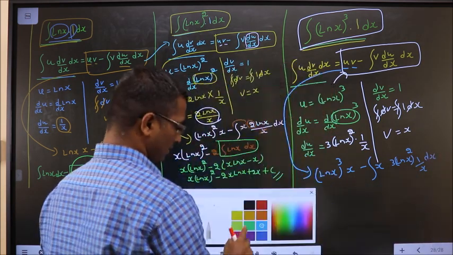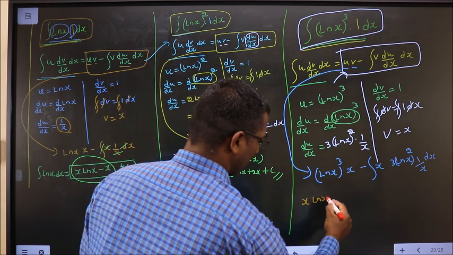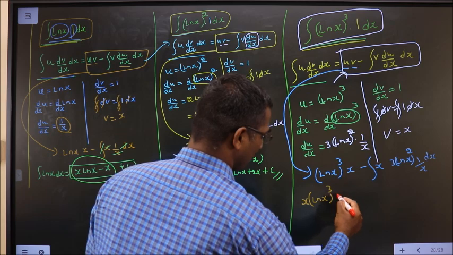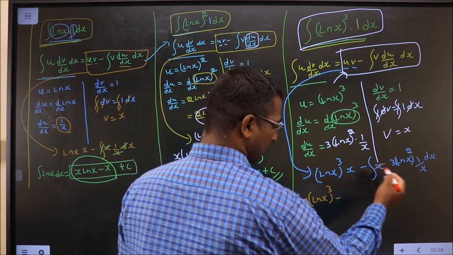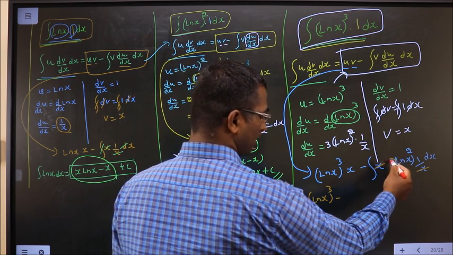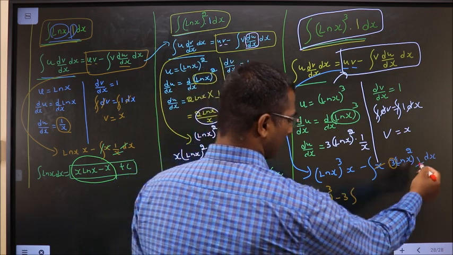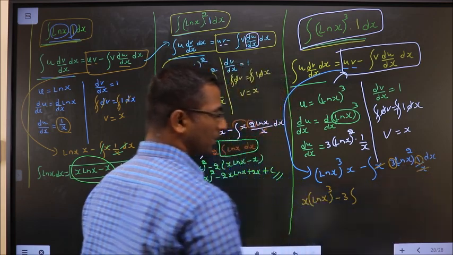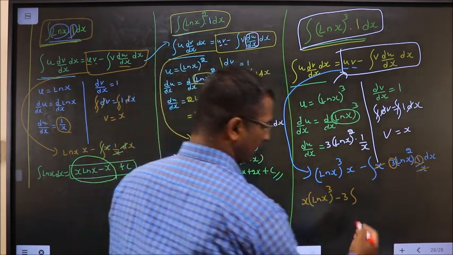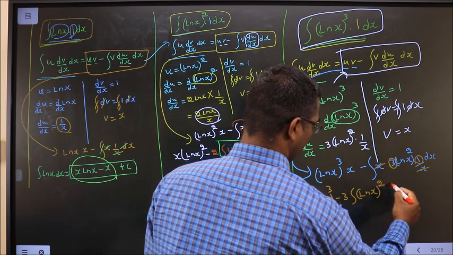Okay. Now you see, this is x ln x whole cube minus, here this x and this x cancel out. This 3 will not play any part outside. 1, whether I write or I don't write, is not going to make any change, so I am not writing. So left with 3 ln x whole square dx.